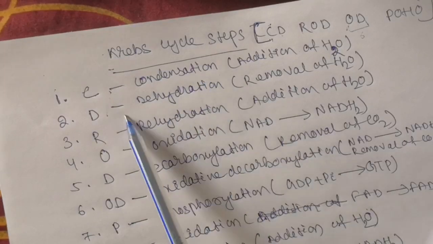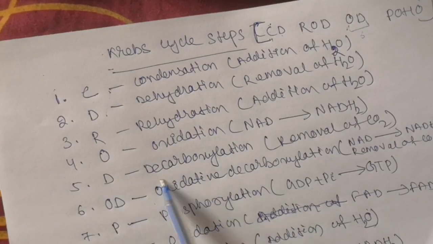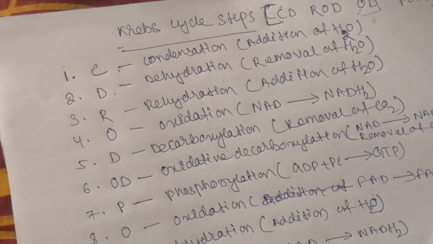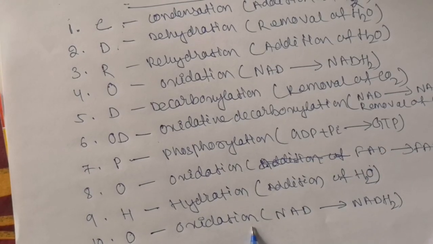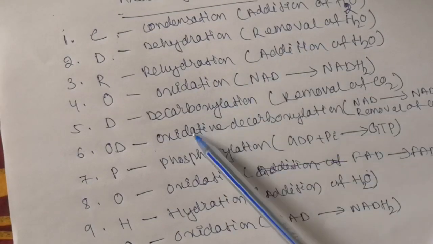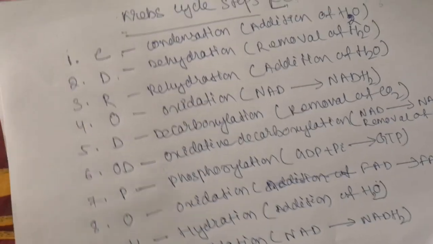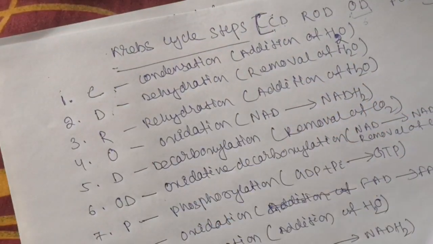C for condensation, D for dehydration, R for rehydration, O for oxidation, D for decarboxylation, OD for oxidative decarboxylation, P for phosphorylation, O for oxidation, O for oxidation, H for hydration, O for again oxidation. So these are the chemical reactions along with their names. Try to remember like this way, CD ROD OD POHO, so that you can easily remember all the steps.